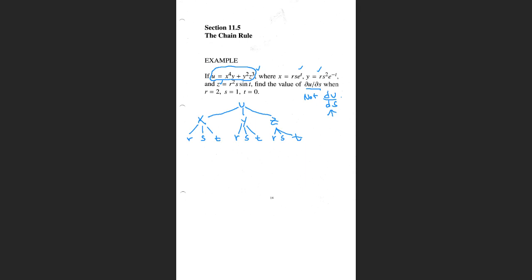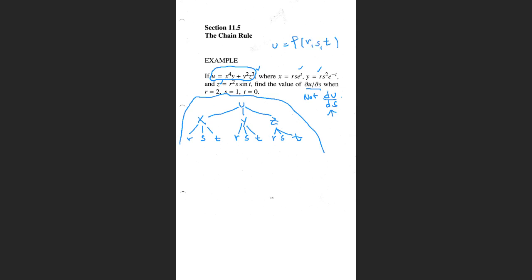Well, u ultimately is a function of what, based on this flow chart here? What variable or variables? That's right. R, S, and T. Good, Lexi.